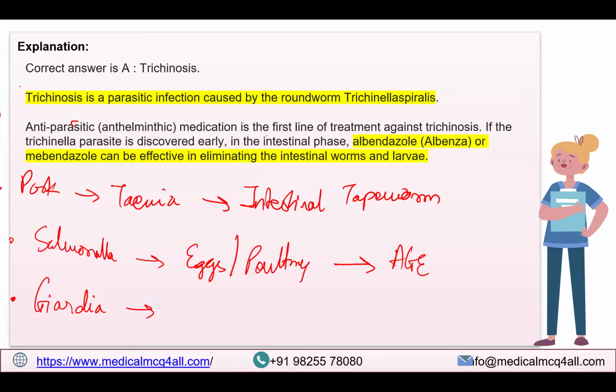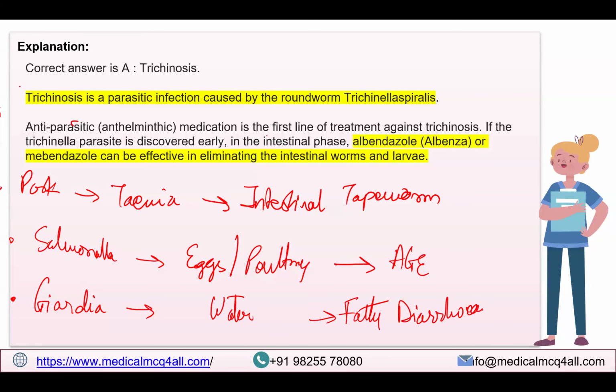So they belong to the same family, Giardia and amoeba. It is going to be spreading through what? Food or water? Water. Yes, it is going to be spreading through water. And one common characteristic is fatty diarrhea or steatorrhea, which will be characteristic of Giardia.